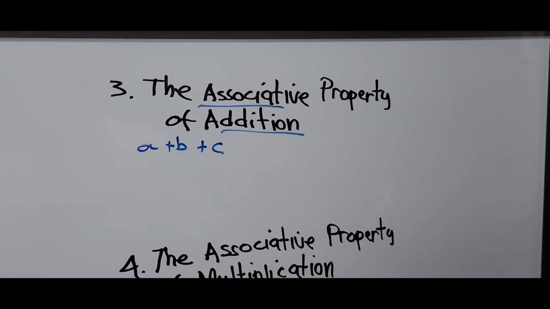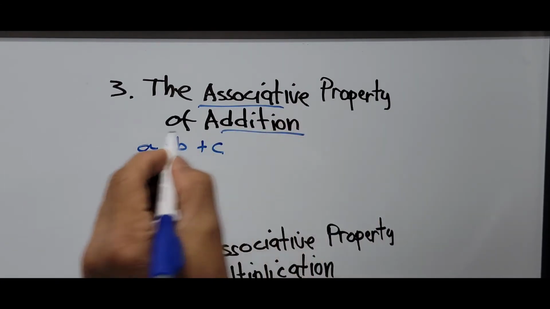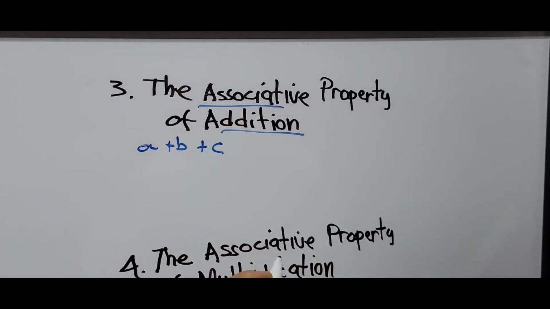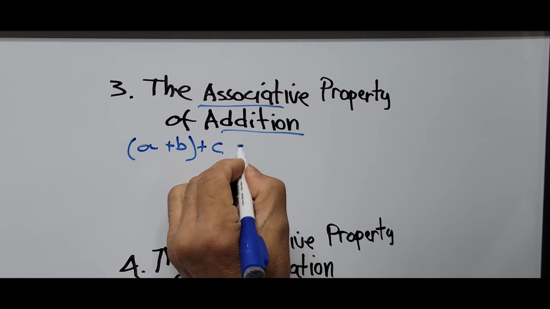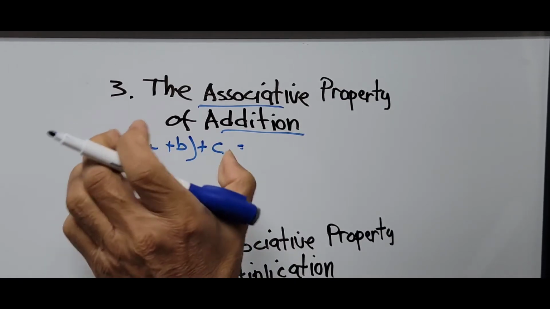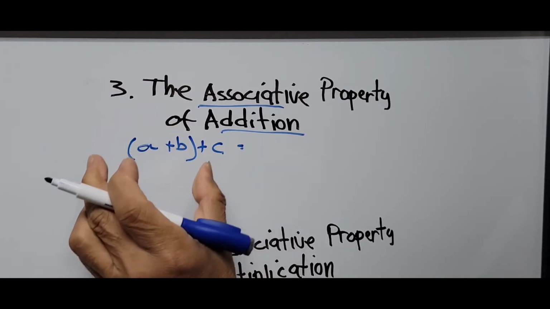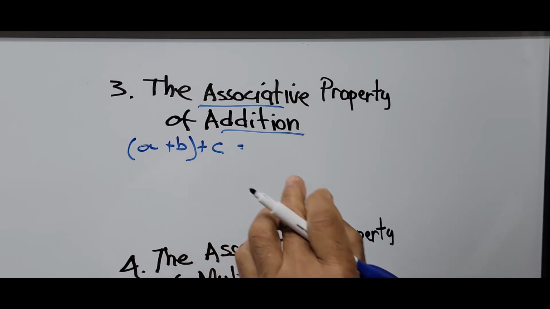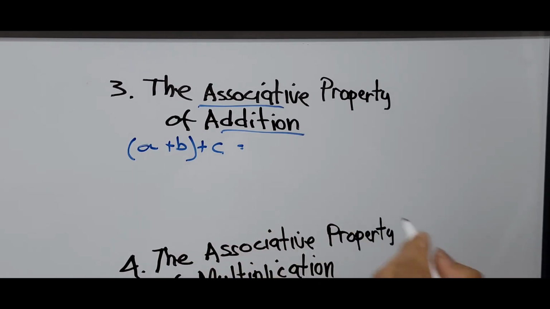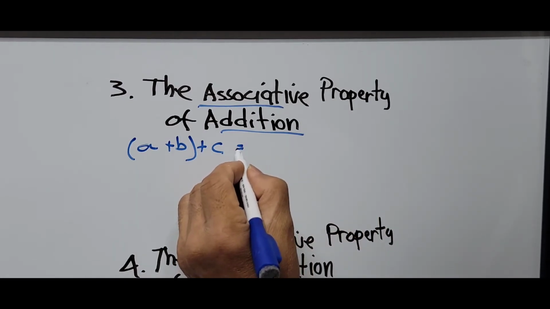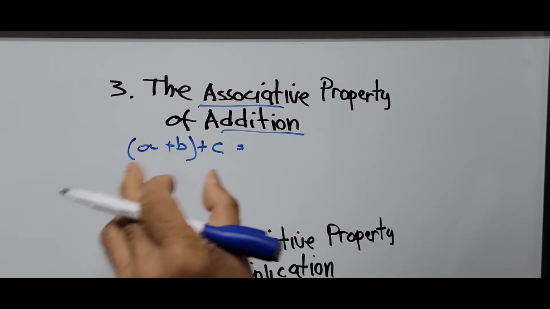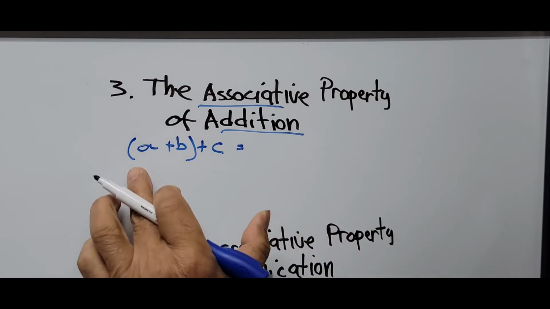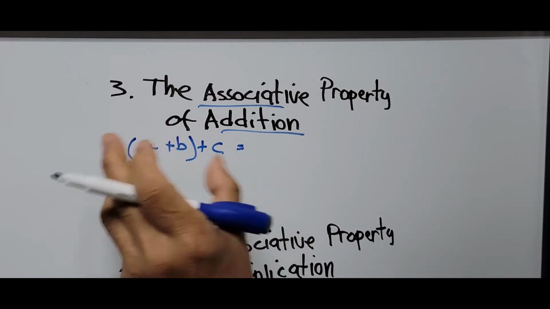So that's ABC. It says here associative. That means you get close together. Let's say we enclose that in parentheses. It's A and B, they're close together, so they're grouped as one group, separated from C. So the answer would be the same, or it cannot be influenced by how these variables are enclosed or grouped together.